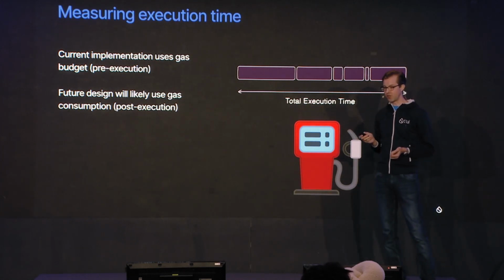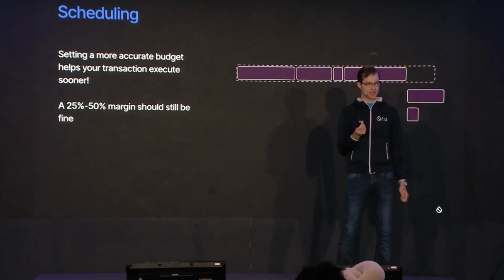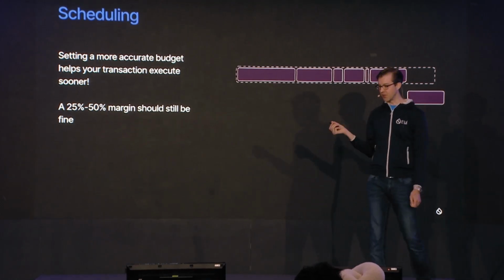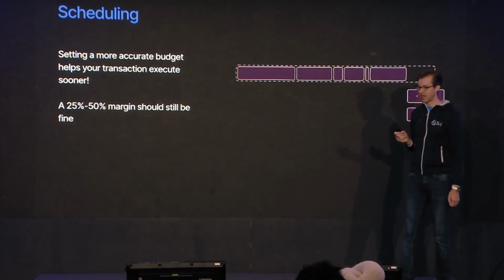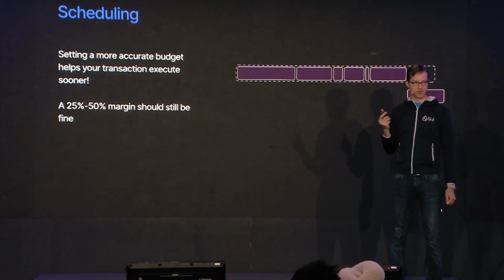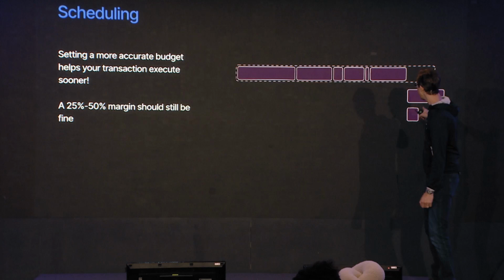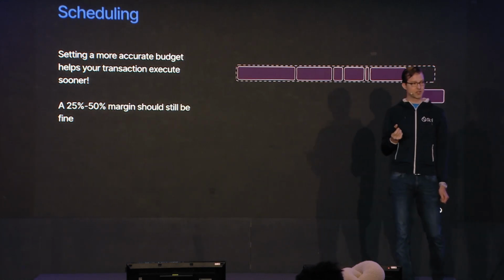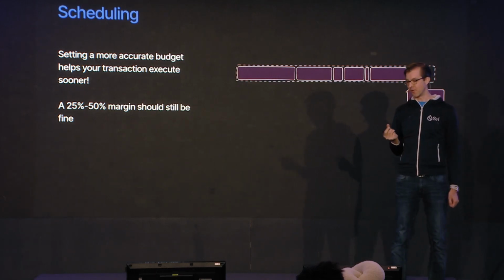But what this means for you is that setting a more accurate budget on your transaction is going to make it more likely for you to be executed. You can imagine we're trying to fill up this amount of execution time, and we have these two transactions to pick from. One of them fits, one of them doesn't. Since the measure is budget, this transaction might fit in that block when it actually executes, but unless the submitter sets a reasonably low budget, we don't know that.